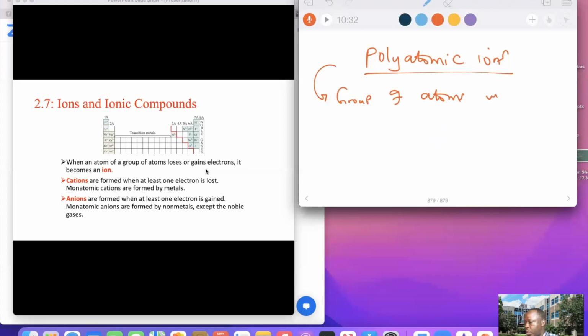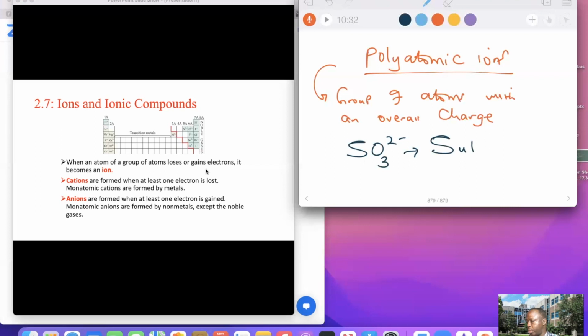With these, you cannot use the periodic table to predict their charges and how they look. You need to learn them, use index cards. These include such things as sulfite, SO3 2 negative. Learn their names.